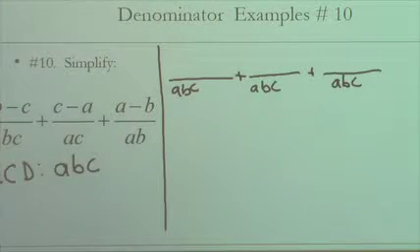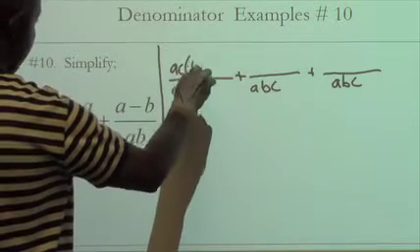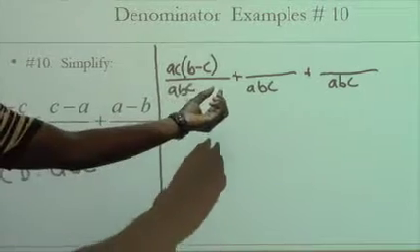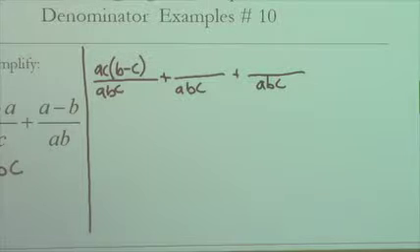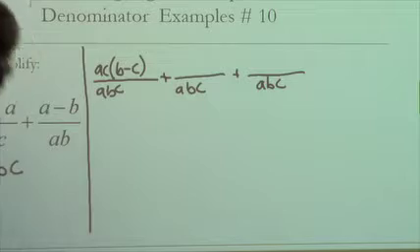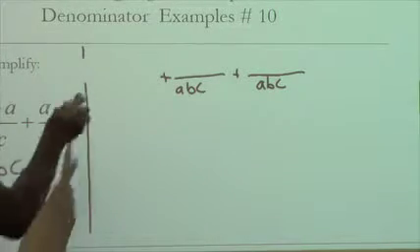Now, if I take B and put it into that, I'm left with AC. So I have here AC times B minus C. No, sorry, I think I made a mistake first. Let me just go back here.